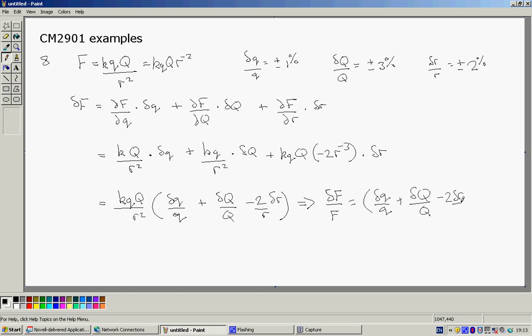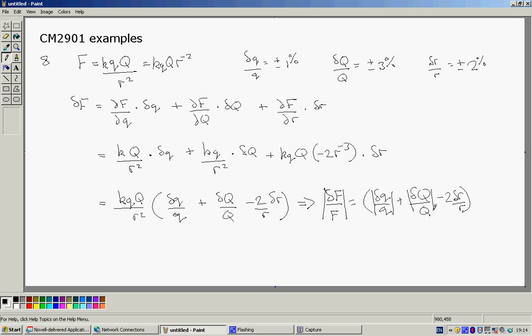And of course, the question's asking us to find the maximum percentage value of delta f upon f, the maximum magnitude. Magnitude we can indicate using these vertical parallel lines. So the maximum of this will be equal to the sum of the maximums of the individual percentage changes.